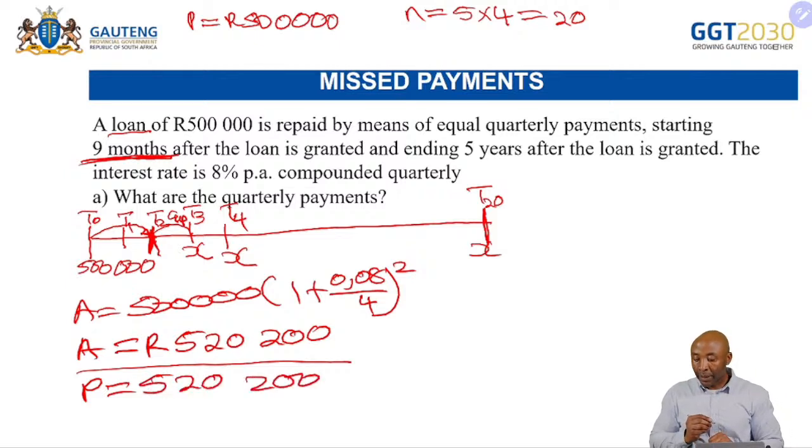We are now going to substitute. We are using the present value annuity.